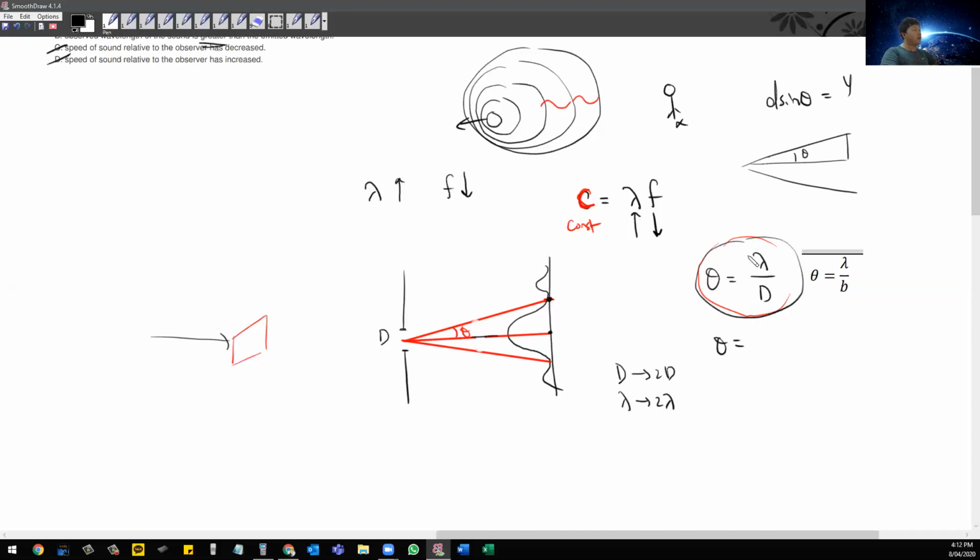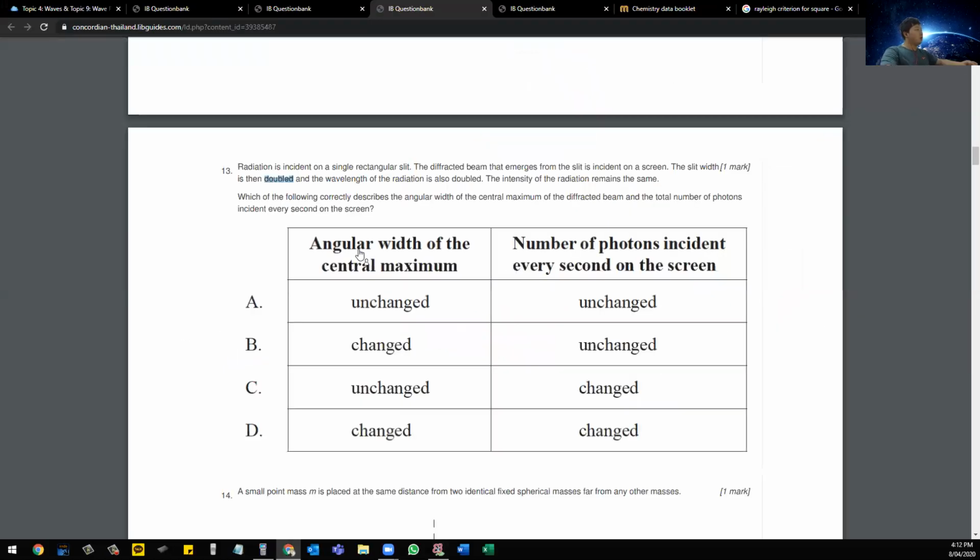That's that formula there. So obviously there's not going to be any change to theta, because it's going to be 2 lambda over 2D, so the 2s cancel out, and it's still lambda over D. So the angle from the central maximum to the first minimum is not going to change at all. So the angular width of the central maximum is unchanged.